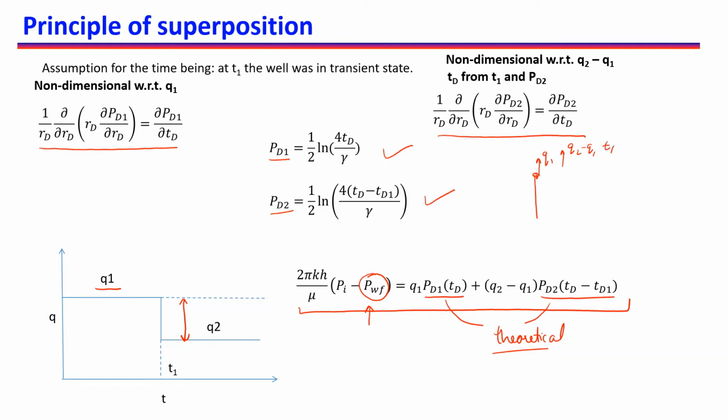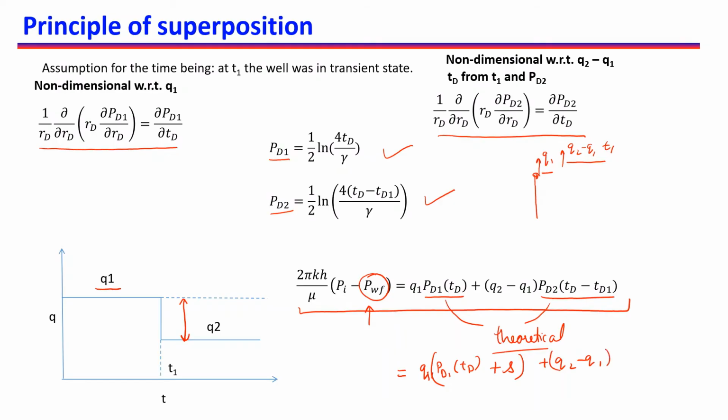Now skin factor we can think of in two ways. One way is that the well which is flowing at a flow rate of Q1 is also experiencing skin at the well, and the well that is flowing at a flow rate of Q2 minus Q1 is also experiencing skin at the well. So if we want to add skin here, then we need to do this: PD1 TD, and here we need to add skin with Q1 and with Q2 minus Q1.